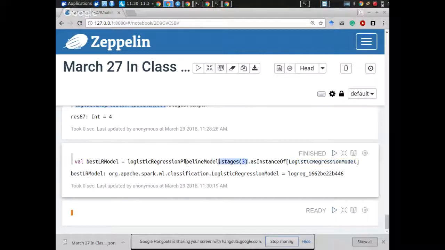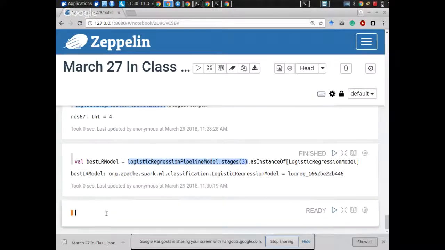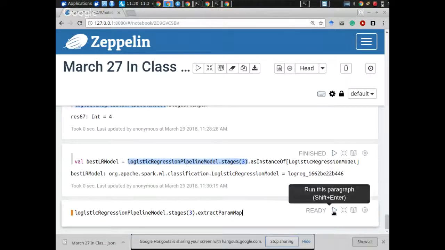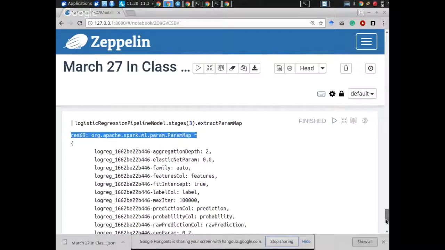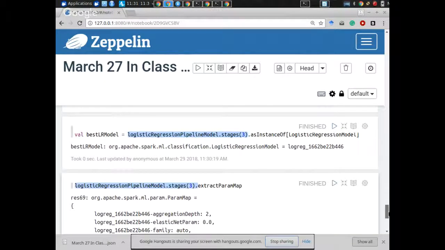Now, there's other types of information in here we'll sometimes use. For example, there's a thing called a param map, which is sometimes of interest. See this? In the third stage here, there's an extract param map.